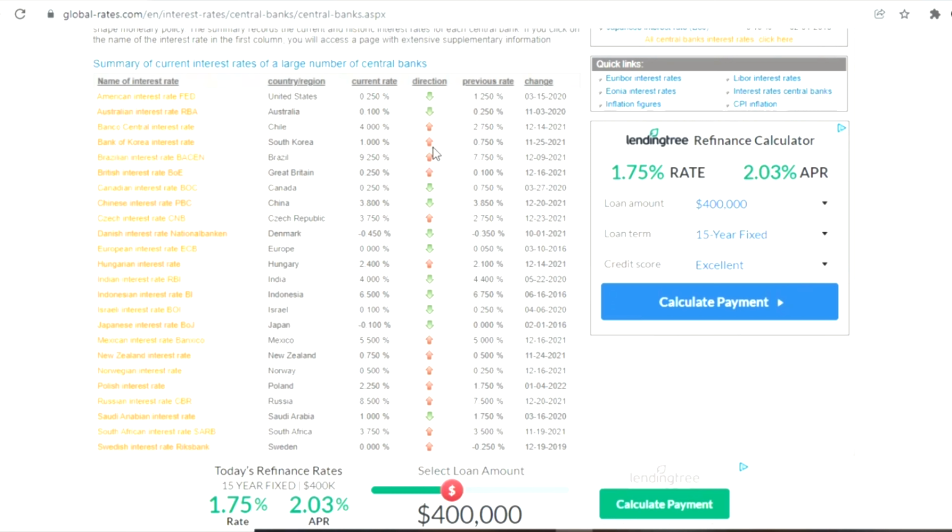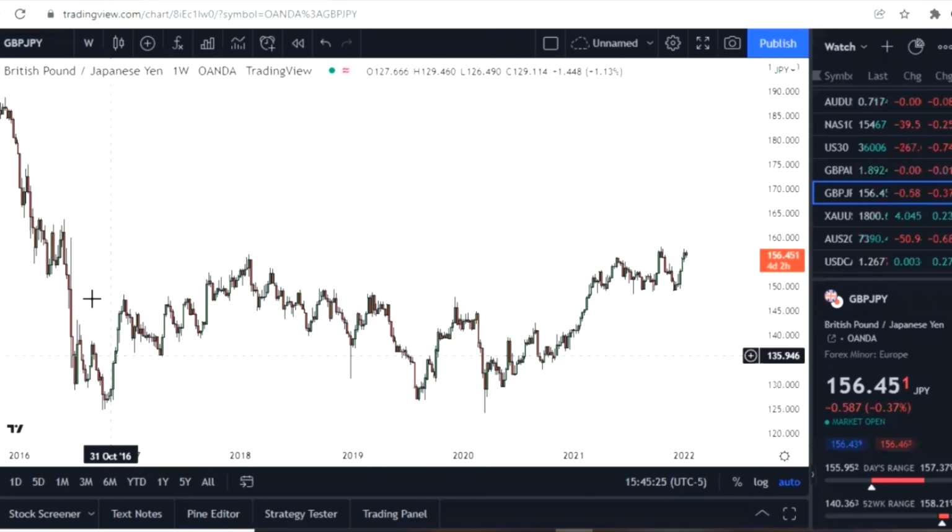And up until a couple weeks ago, the Bank of England was at 0.1%. So they were not too far off, right? -1 and 1, that's going to give you what? 0, guys. So it makes sense that we saw a consolidation for a while.